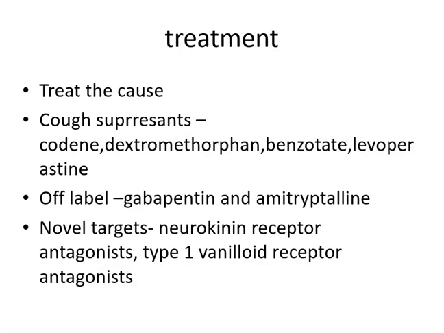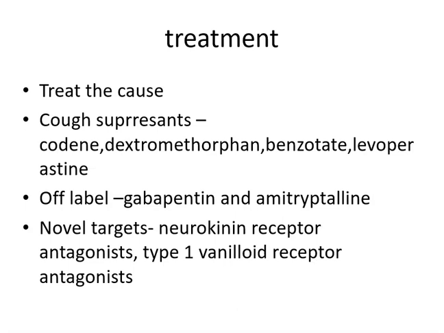The treatment is mainly to treat the cause, and cough suppressants such as codeine, dextromethorphan, benzonatate, and levodropropizine are used. Cough suppressants must be used in hemoptysis to decrease the hemoptysis.